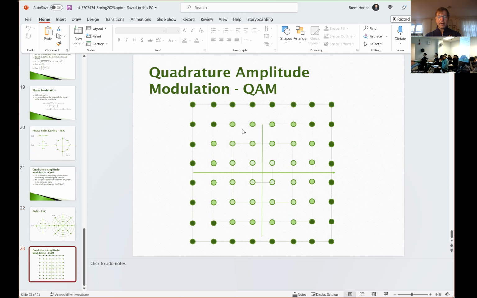And then we have the quadrature AM here. So now here we would talk about this being 8 across by 8 down. That's 64 points. So that'd be a 64-ary QAM type signal, right?